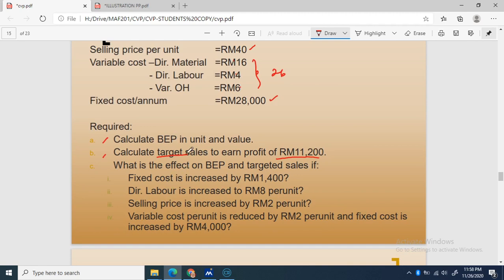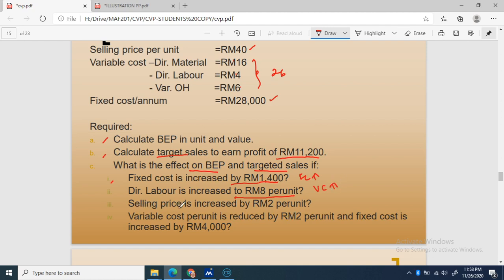C, the effect on BEP and target sales if there are changes. In this case we have 4 changes here. Number 1, fixed cost increased by 1,400. Direct labor increased to 8 ringgit. You read the question carefully: labor cost increased to 8 ringgit. So labor cost is under variable cost, so variable cost also increased.